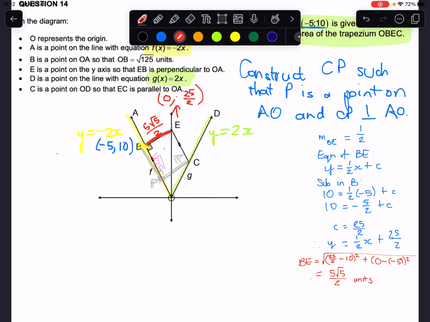So now I'm going to try and find the coordinates of P. And I almost feel like in order to do that, I'm going to need to find the coordinates of C. So my thinking is, if I can find the coordinates of C, then I can find the equation of this line. Then I can figure out the intersection of this line with this line, and that will give me P. So that's what I'm hoping to achieve here. So let's see if we can find the coordinates of C.